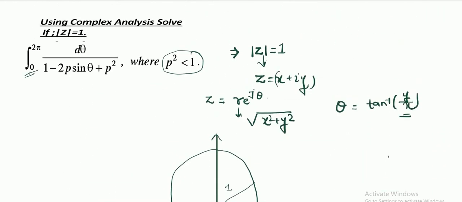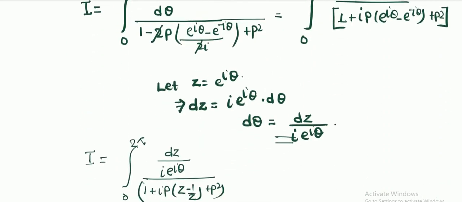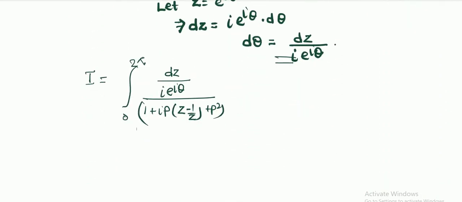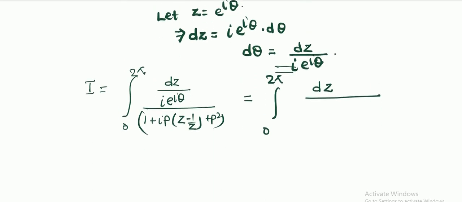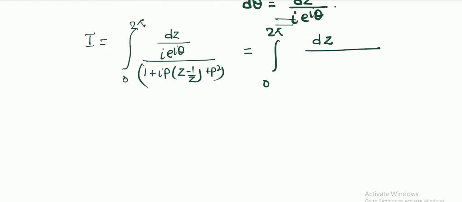As in the question it is given that using complex analysis you will have to solve the following integral. So what I have done here is that I have changed the theta with z, that is the complex number in complex number domain, and then I have just proceeded like this, and I have got the result like this. Now what you will get from here is integral 0 to 2 pi dz by I into e to the power I theta.